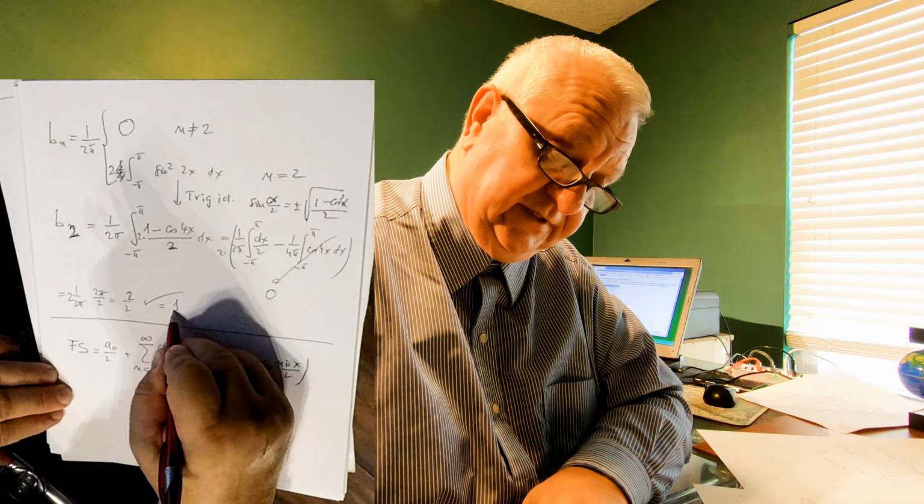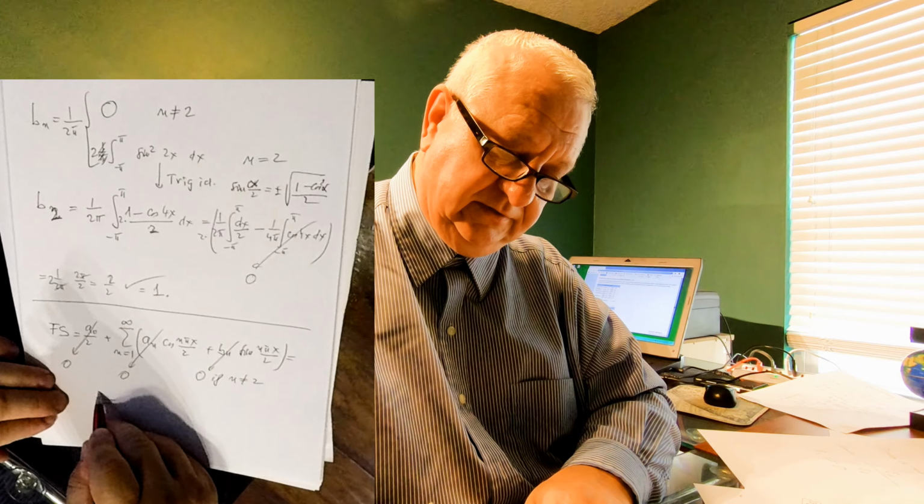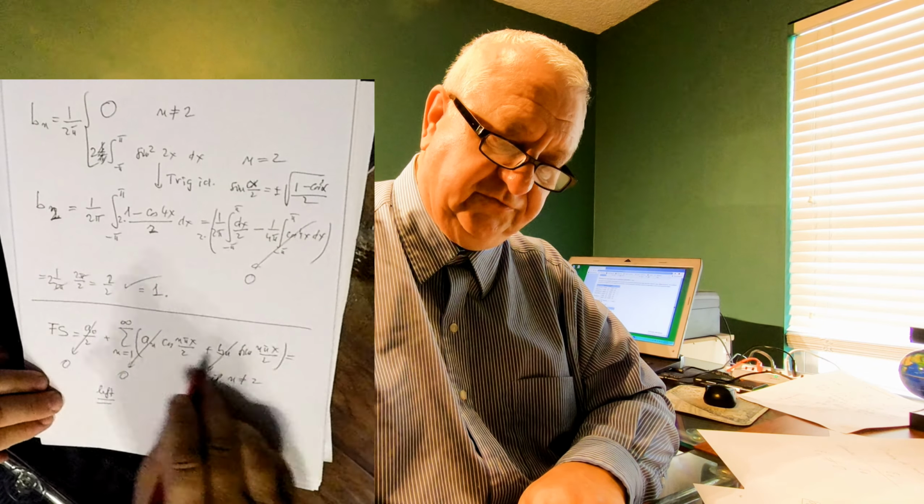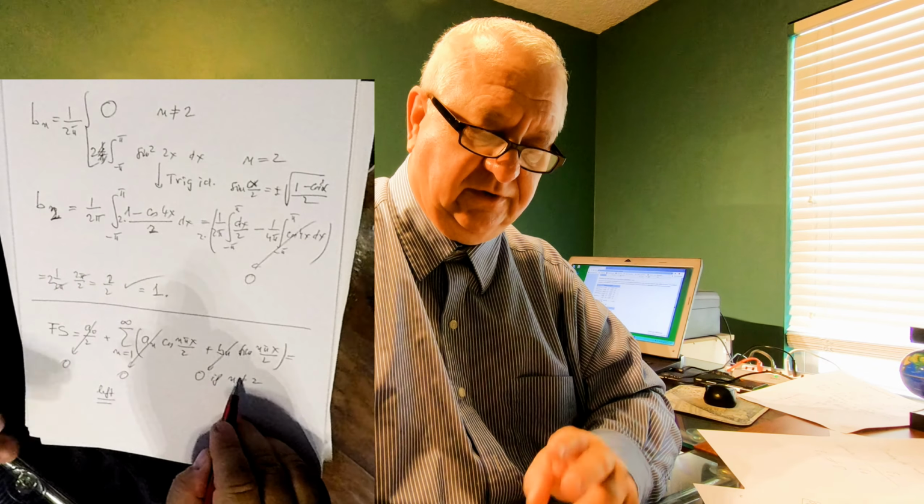So a0 is 0, all an are 0, and the only bn is 0 if n is not 2. So what is left of the Fourier series, all the terms drop to 0 except term number 2.